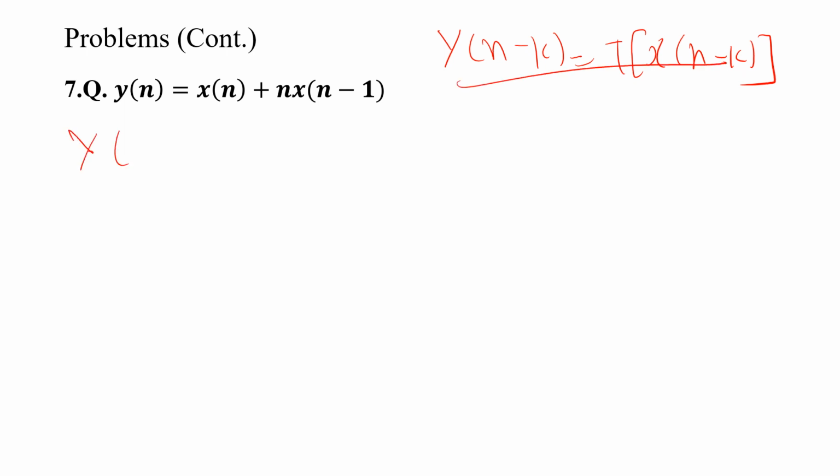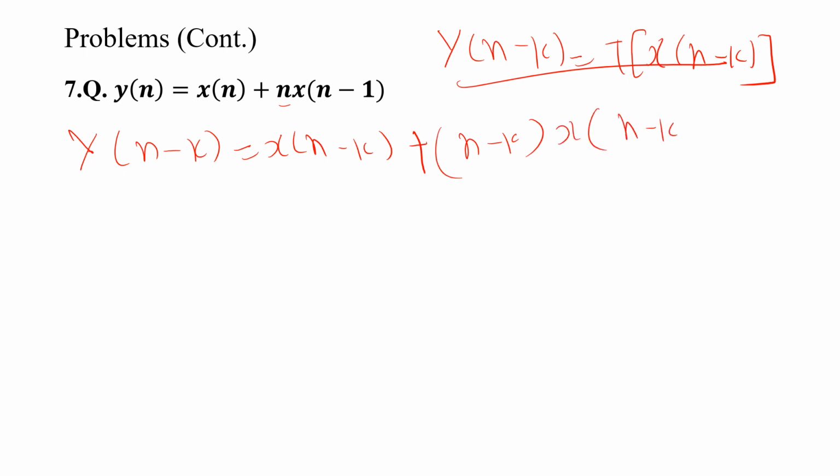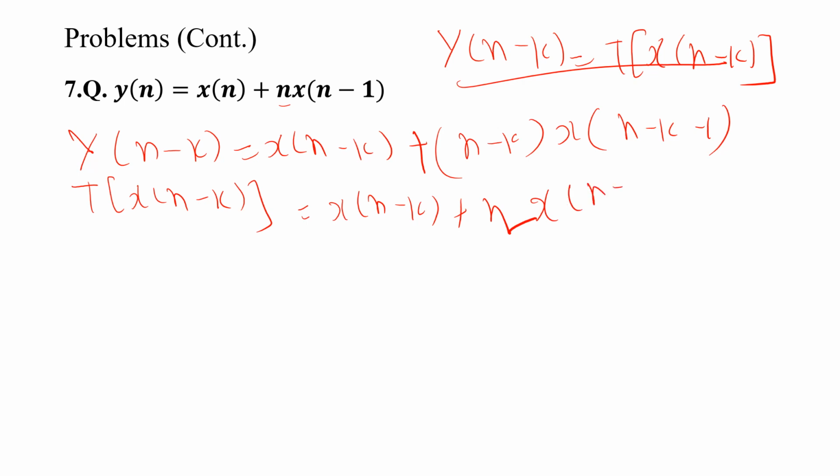So y of n minus k is equal to x of n minus k plus, in place of n you have to put n minus k, so (n minus k) times x of n minus k minus 1. Similarly, the transformation of x of n minus k, putting minus k in the x bracket, is x of n minus k plus n into x of n minus 1 minus k.